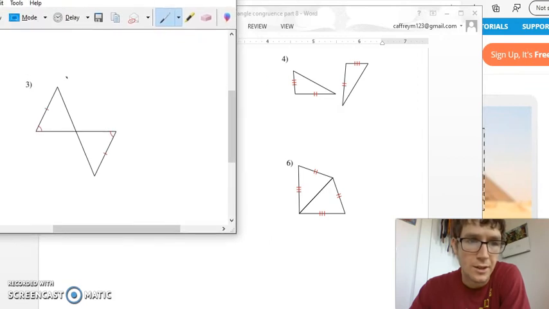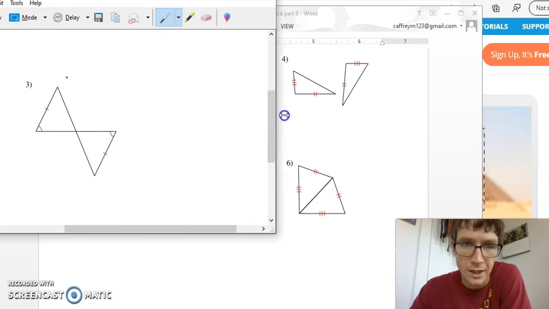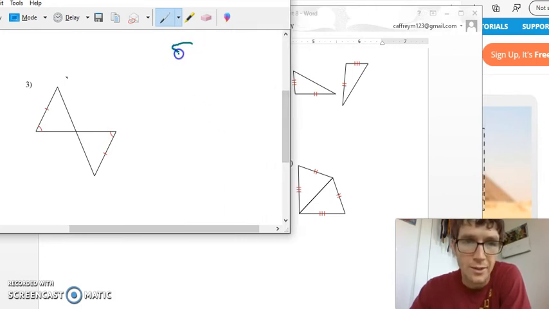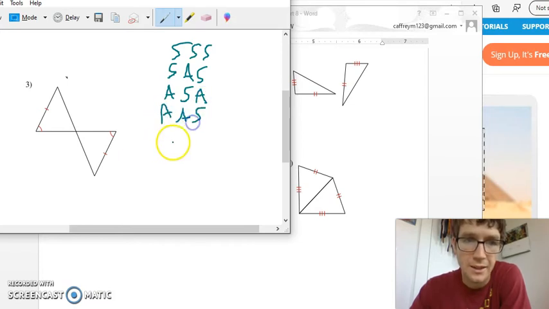Alright, so again, what are our options? We have side, side, side; side, angle, side; angle, side, angle; angle, angle, side; HL; and maybe they're just not congruent, NC.